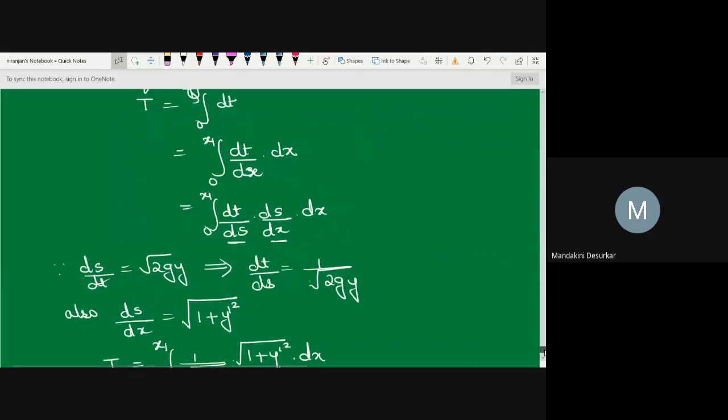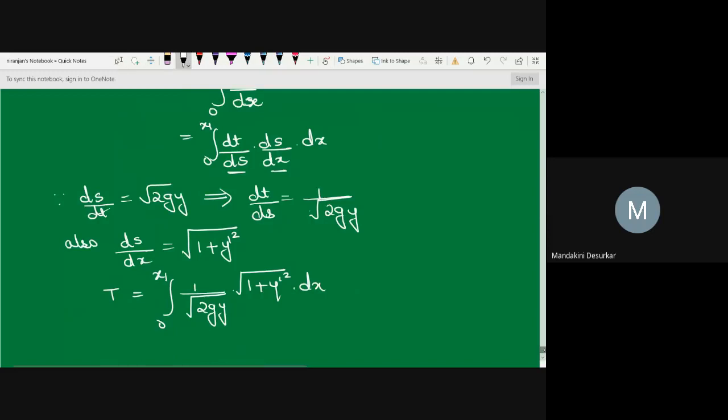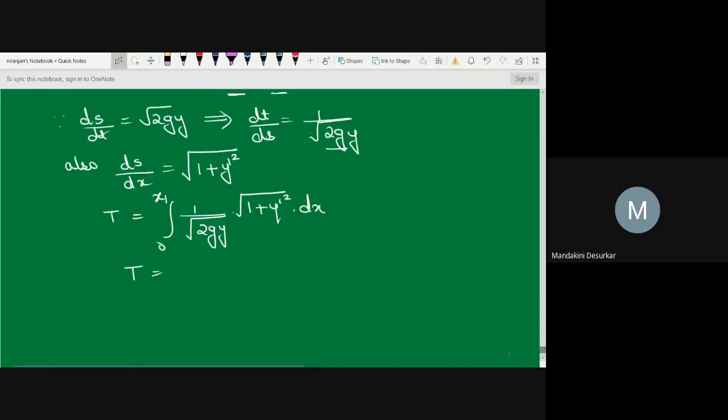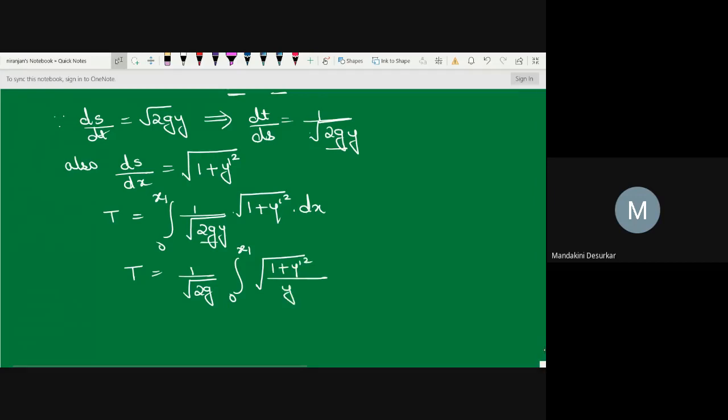So T is equal to 1 upon root of 2g, which is constant and can be taken out, times the integration from x0 to x1 of root of 1 plus y dash square divided by root of y, dx. Now what is the question?